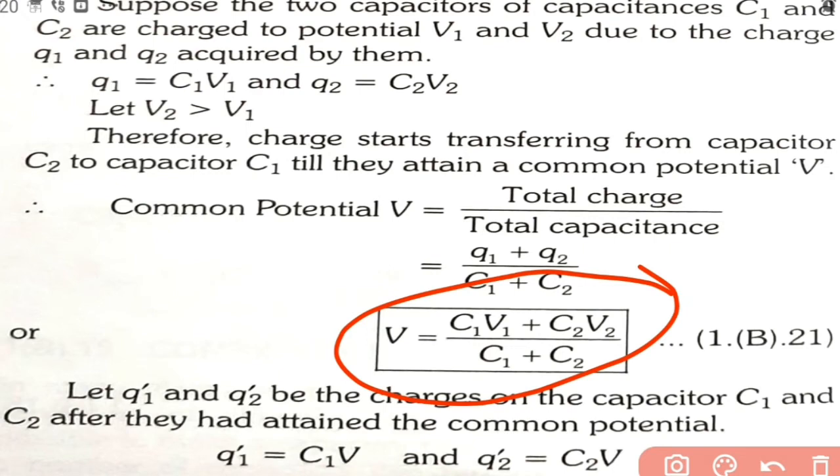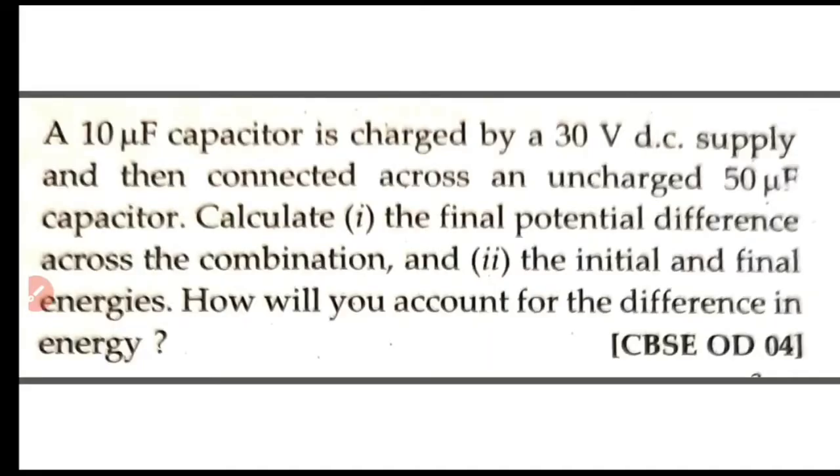Is that clear? Because here the capacitors are not connected to any source, only the charged capacitors are connected together. So Q1 plus Q2 equals Q1 dash plus Q2 dash. This is an important equation in solving problems; we see many problems in previous year board questions, so we have to use this equation.